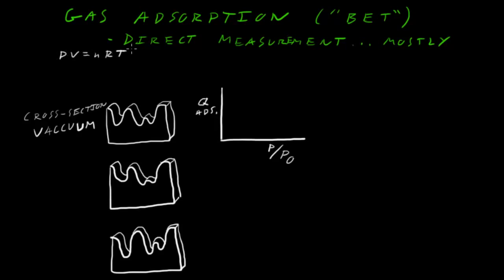How do we know? Take PV equals nRT, the ideal gas law. You know the pressure and the volume, you can predict the temperature, or vice versa. Suppose we start from pure vacuum, there is no gas molecule stuck onto the surface, and we administer just a small amount. We administer some number of molecules n and let them sit in the same environment as our material.